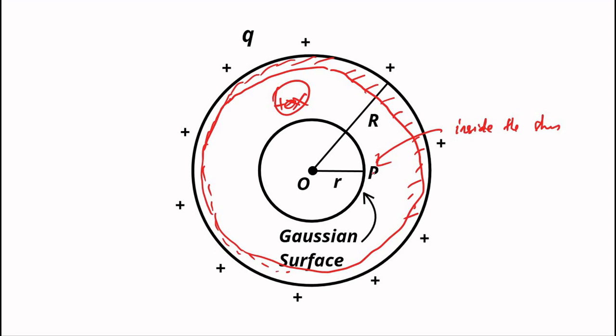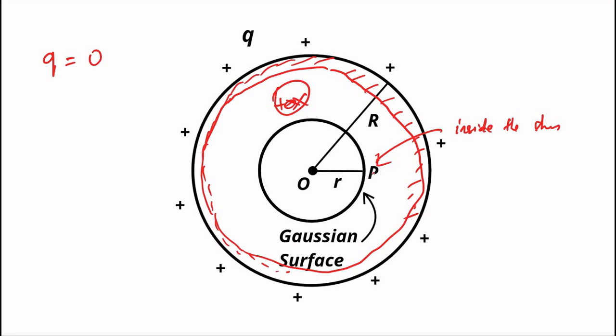So for this Gaussian surface, where we have chosen OP as the radius and drawn a Gaussian surface, as there is no charge present inside the shell, only on the surface, the charge enclosed by the Gaussian surface is equal to 0.